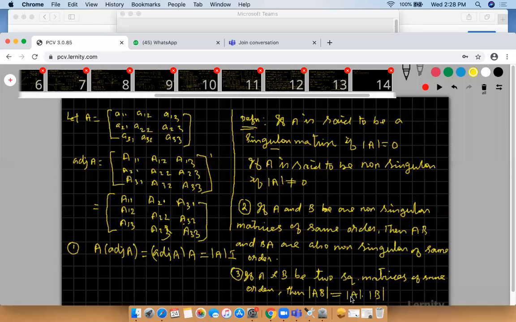That is equal to the product of the determinants of the two matrices. So finding the determinant of A, finding the determinant of B and multiplying is equal to taking the product first and then the determinant. This is a very important result. Please note it, and based on this result we will go to another result.